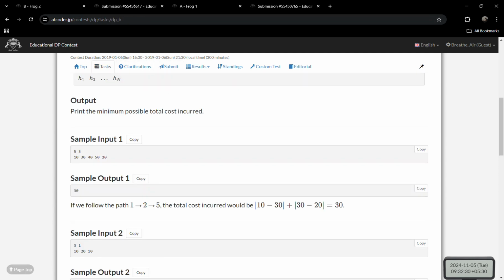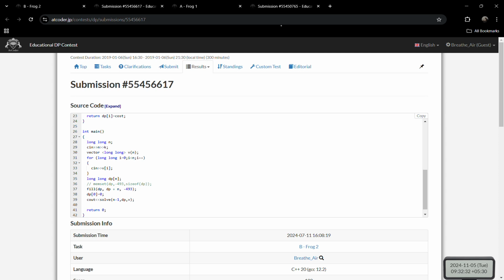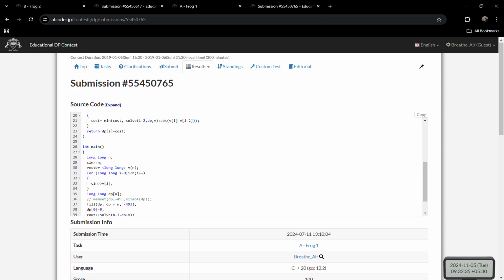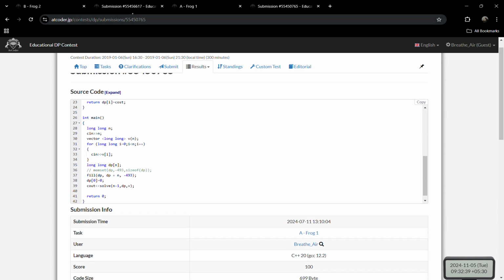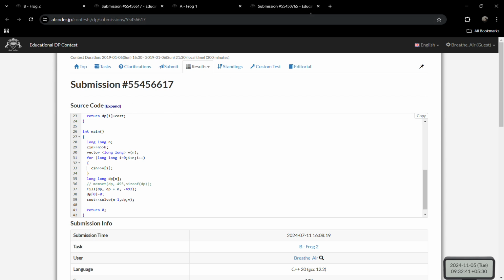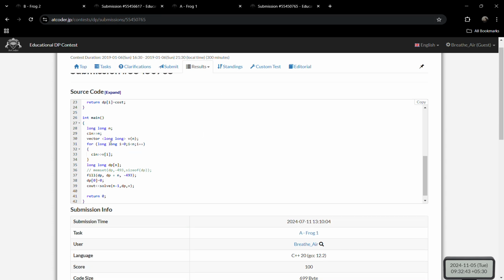I'll show you in the code. Taking a look here at the input, see how the input changes: n and k, and finally taking the height array as input. Then the input is completed, and we fill the dp array with some sentinel value such as minus 493. We will use dp as the memo, to memorize the answers.